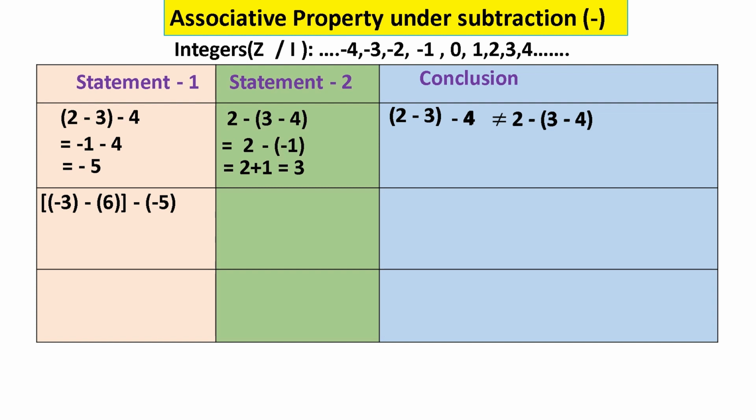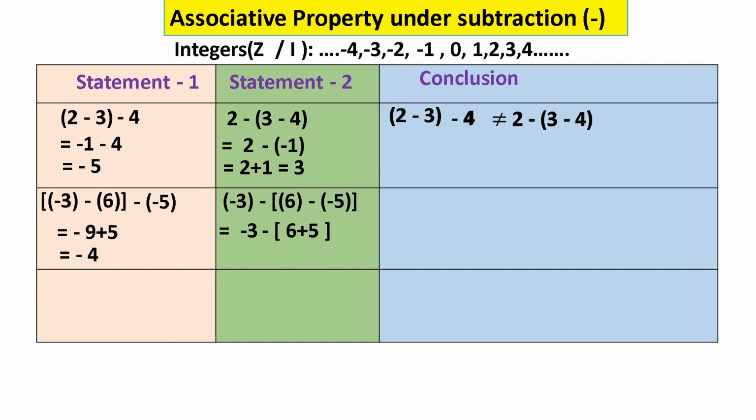And one more example: minus 3 minus 6 minus of minus 5. We do the first two integers first. Minus 3 minus 6, we will get minus 9. Minus of minus 5 gives plus 5. So minus 9 plus 5 is minus 4. And in the second statement, what will we get here?